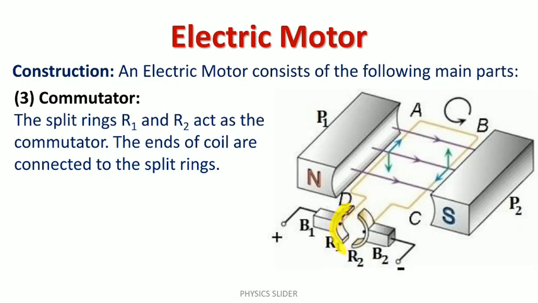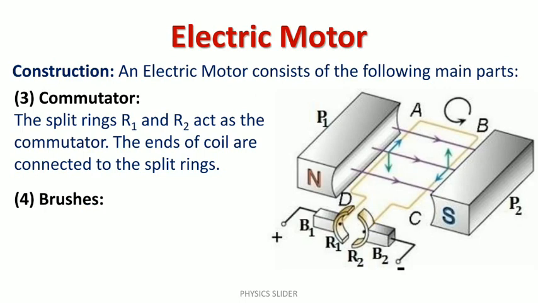The current must flow in a single direction, so this device directs the flow of the electric current. The ends of the rectangular coil, at C and at D, are connected to the commutator or the split rings.